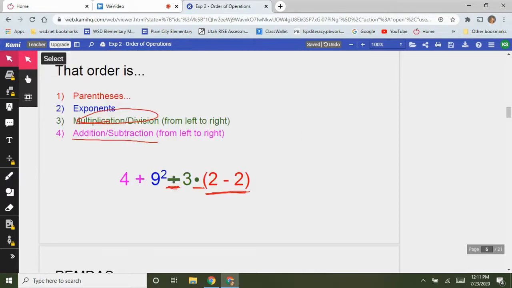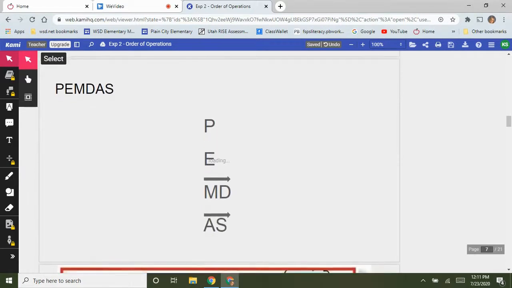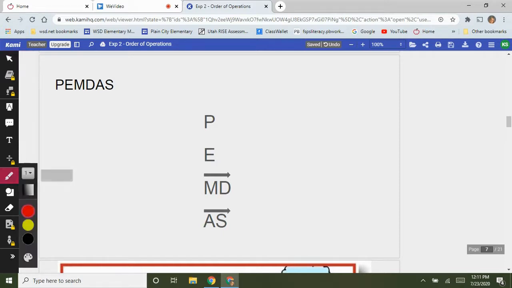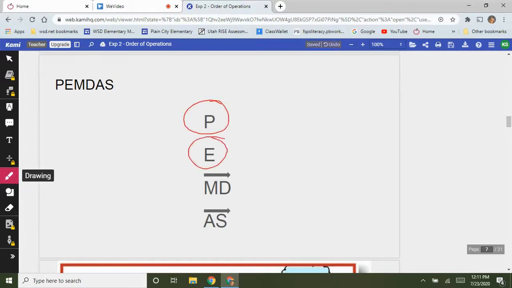Let's continue on. Now, you may have heard something called PEMDAS. PEMDAS stands for parentheses, exponents, multiply and divide left to right, add and subtract left to right.